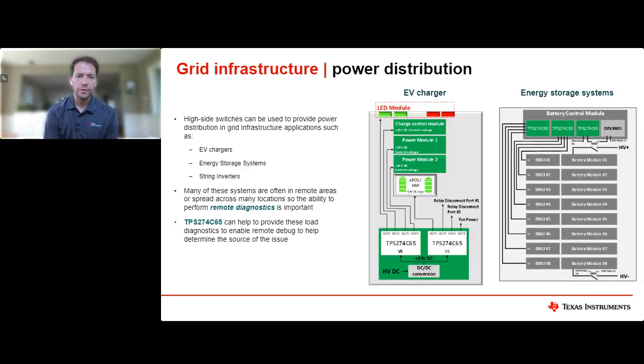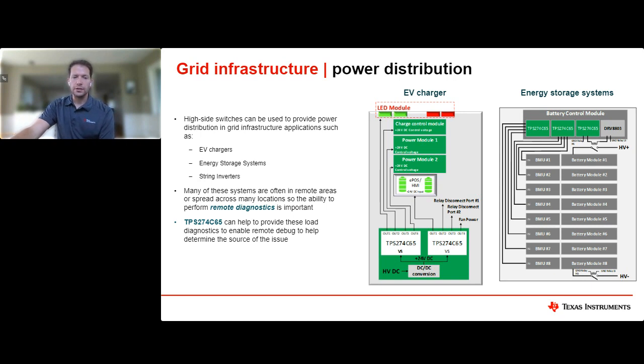And then going over to grid infrastructure. Taking a look at power distribution within grid infrastructure. For EV chargers or for energy storage systems or string inverters, like all the other systems, you need to provide power distribution. For EV chargers, for example, maybe there's an LED module where you need to provide 24 volts to power the LEDs.